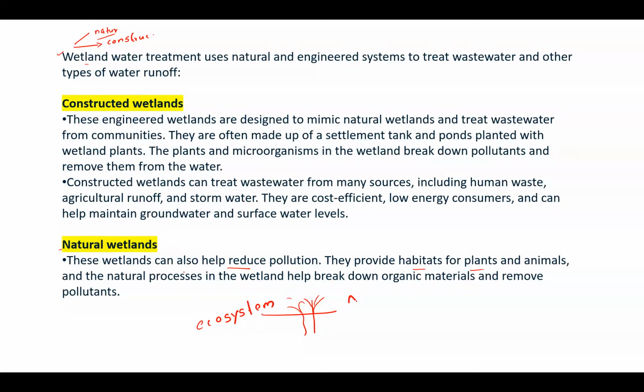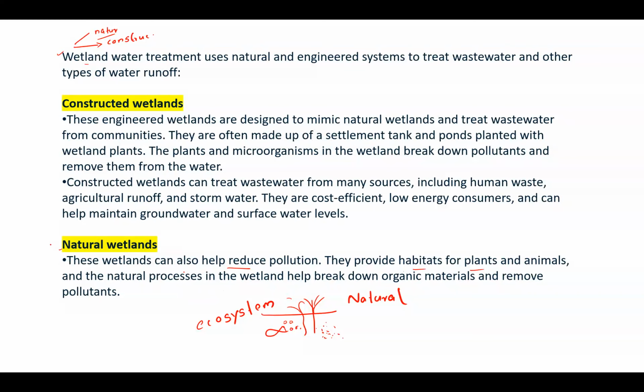In a natural ecosystem, there will be different kinds of plants, aquatic organisms, and microorganisms. Whatever pollutants are there are processed by the presence of these bacteria, and then they get degraded. Not only the bacteria, the sunlight also helps to degrade the pollutant and purify the water.